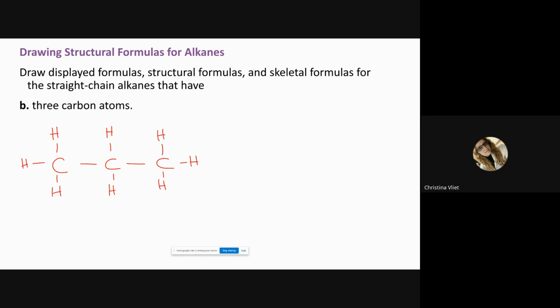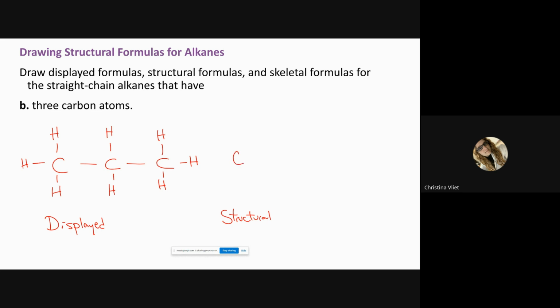Now that was displayed. What's structural? I taught you what structural was. Do you remember what to do? Every carbon, you write all the atoms that are connected to each carbon in the line. So the leftmost carbon, what would you write?